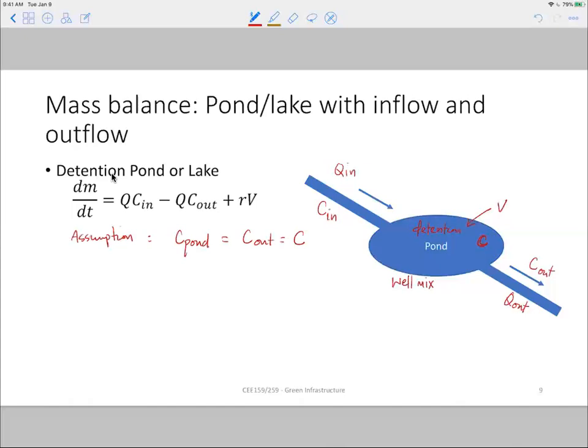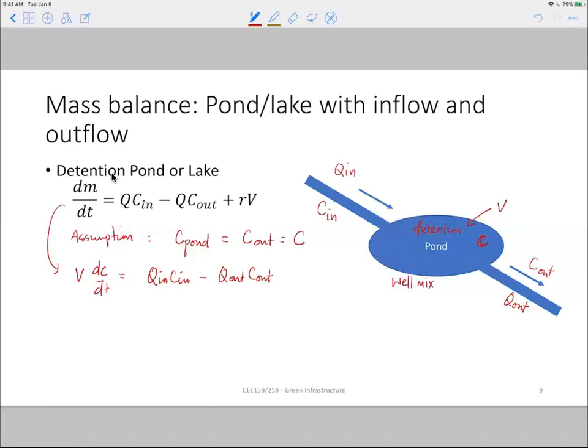If we write that, then the typical mass balance equation would become V dC over dt, that's the system rate of change of concentration, which is C, would be Q in C in, minus Q out C out.